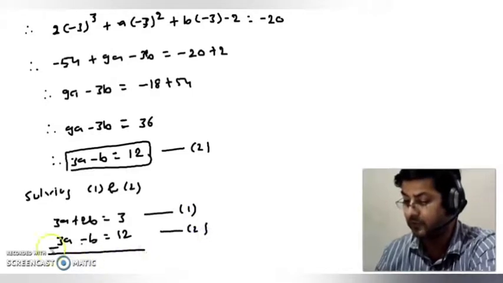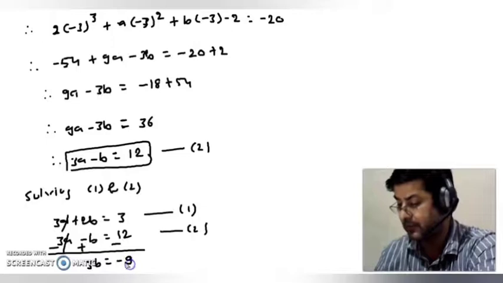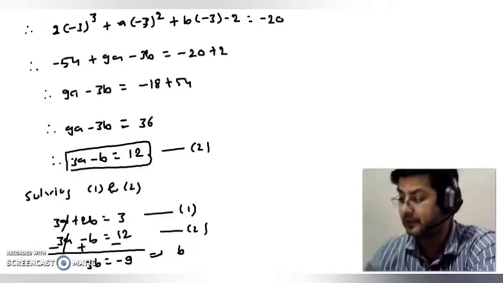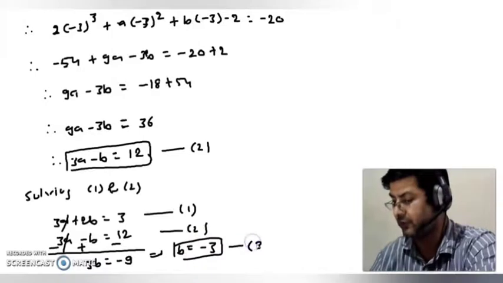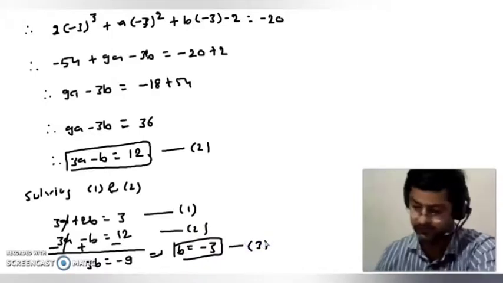We can solve directly. 3a gets cancelled, 2b plus b, 3b is equal to minus 9, which implies b is equal to minus 9 upon 3, which is minus 3. Now we can substitute the value of b in any of the equations.